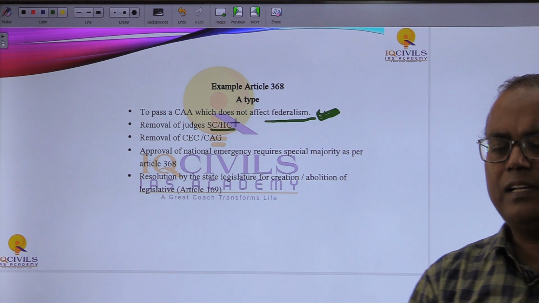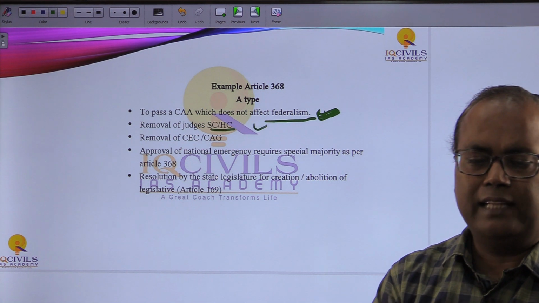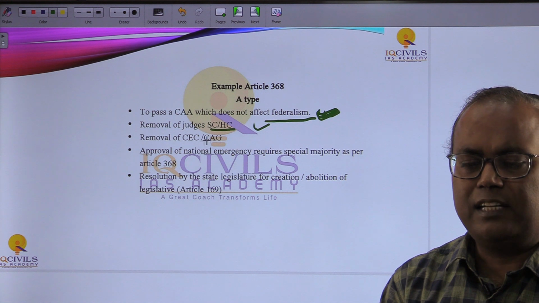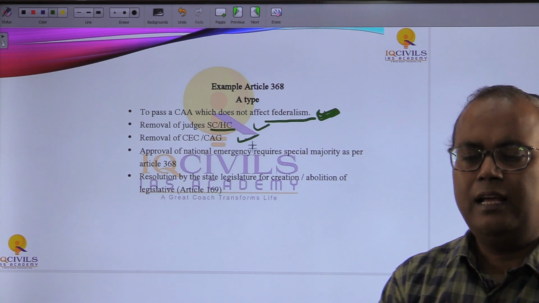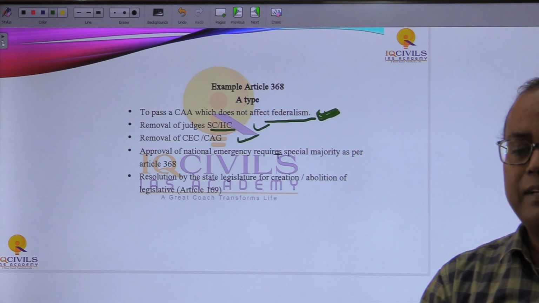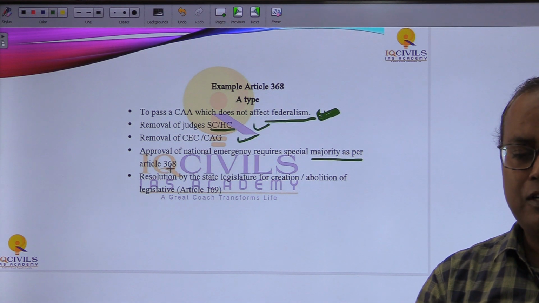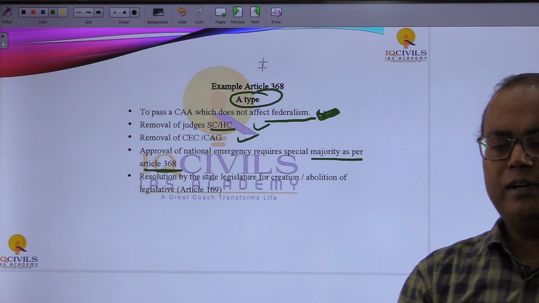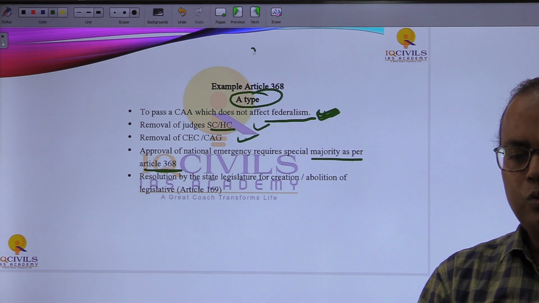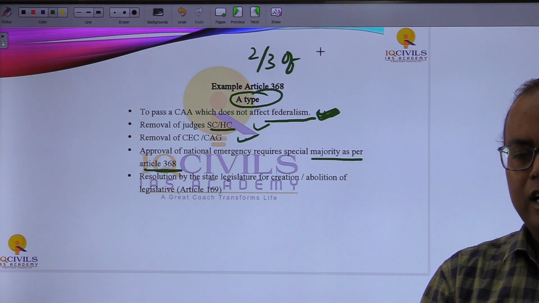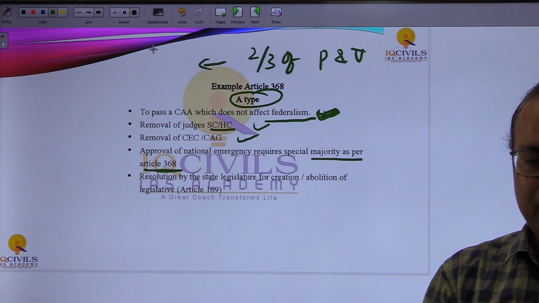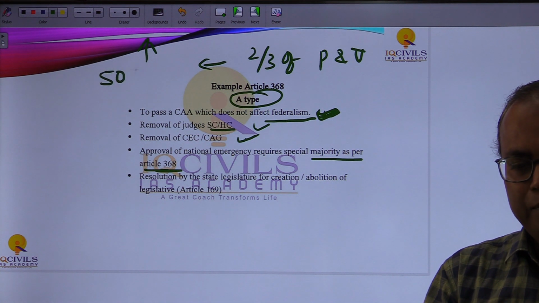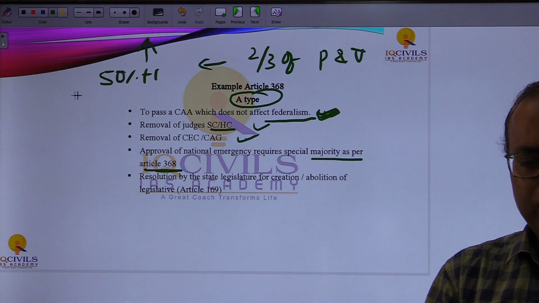Removal of the judges of the High Court and Supreme Court, removal of the Chief Election Commissioner and the Comptroller and Auditor General, and approval of the national emergency require the majority as per Article 368, type 1. Type 1 means, again I am repeating, 2/3 of members present and voting, but it must be beyond 50% plus 1 of the total strength.